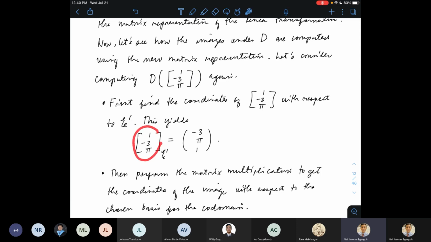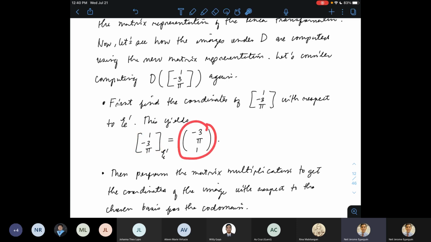So remember, ito yung gusto kong i-evaluate, ano yung image niya under D, but the chosen ordered basis for the domain is E prime.